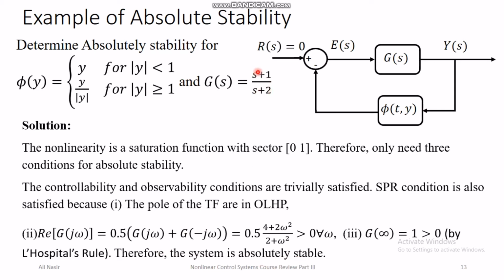So limit s approaches infinity of s plus 1 over s plus 2 is equal to limit s approaches infinity of derivative of s plus 1 divided by derivative of s plus 2. The derivative of s plus 1 is 1 and the derivative of s plus 2 is 1. So g of infinity in this case is 1, which is still greater than 0.